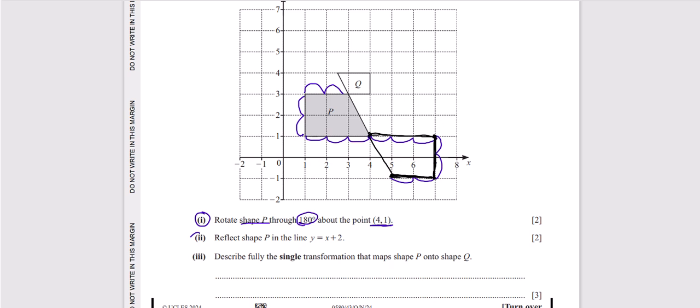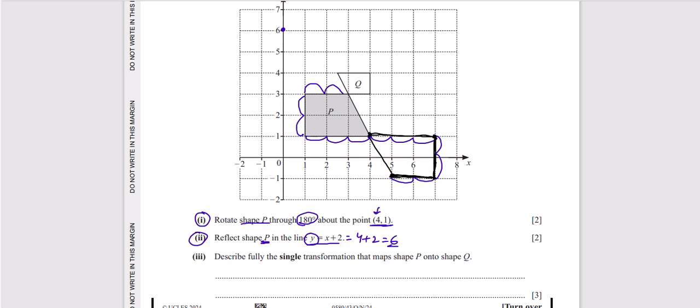Okay, and now part B. Reflect P in the line y is equal to x plus 2. The value of x here is 4. Put here 4 plus 2 that is equal to 6. So y is equal to 6. So here is 6.